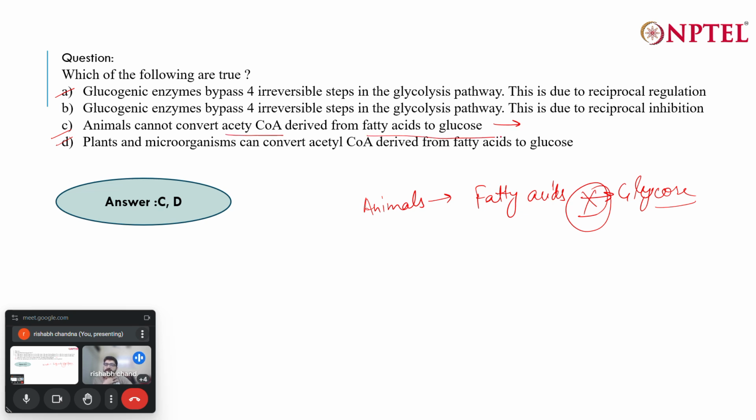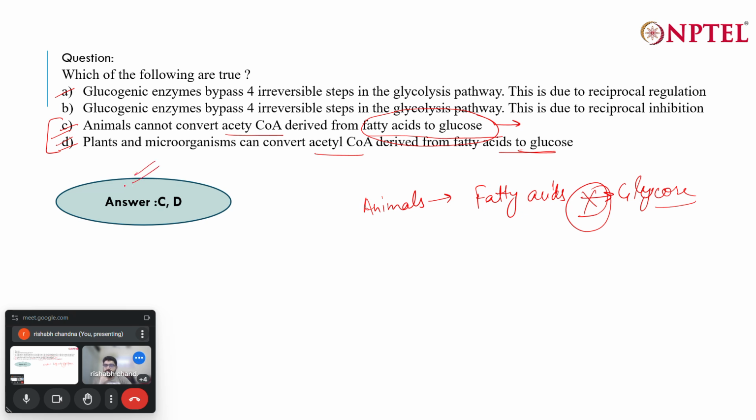Both plants and microorganisms have that glyoxylate cycle, so they can convert the acetyl coenzyme A derived from fatty acids to glucose. So this is the case with both C and D. That's why these are the correct statements.